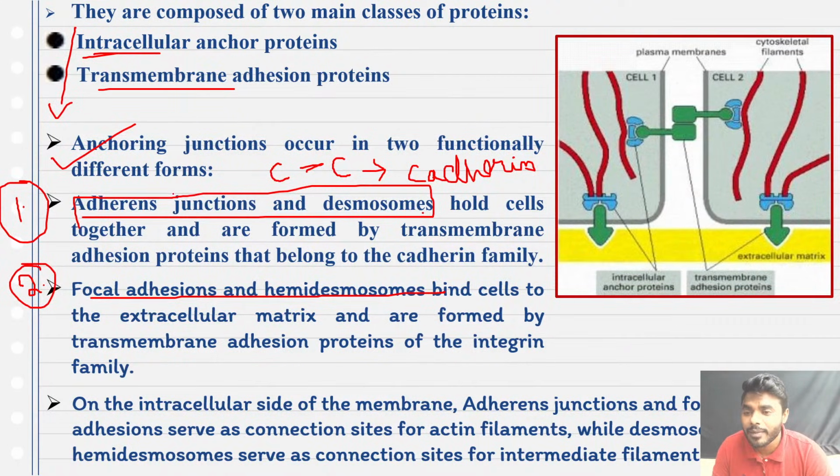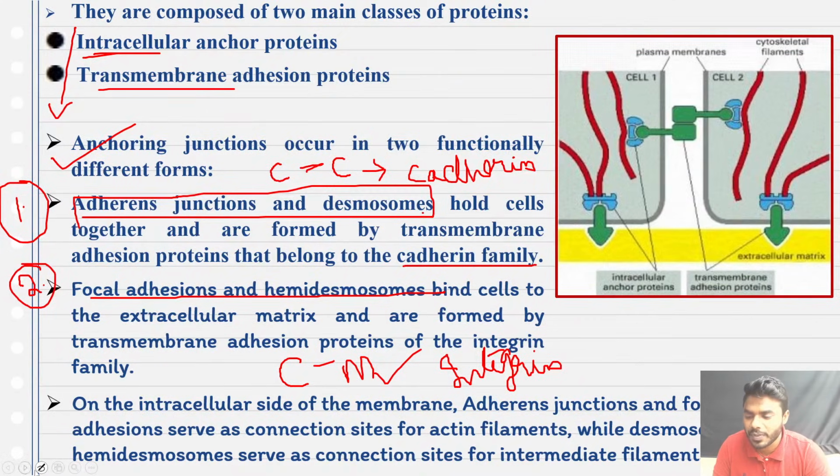The hint to remember easily: adherens junctions and desmosomes are associated with each other with the help of a transmembrane protein, that is cadherin. Focal adhesions and hemidesmosomes are the second type of anchoring junction. They are exclusively present between cell to matrix, and they also have a transmembrane protein, which is majorly integrin. Do not confuse. I'll re-explain in one minute.